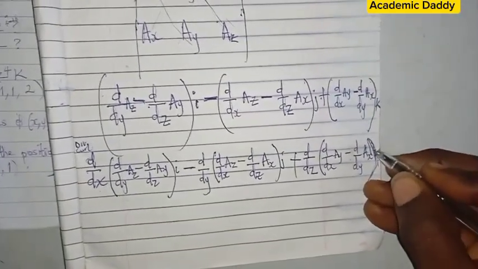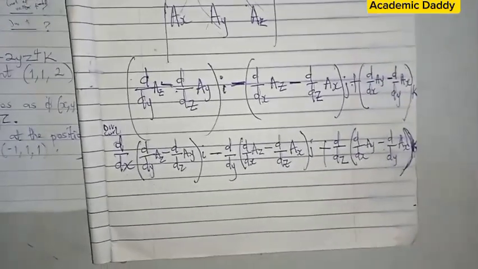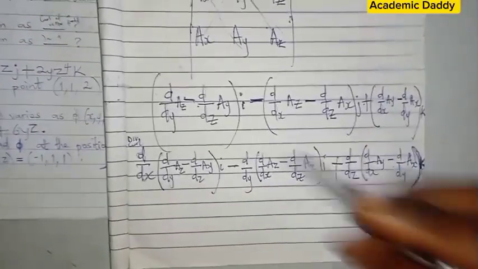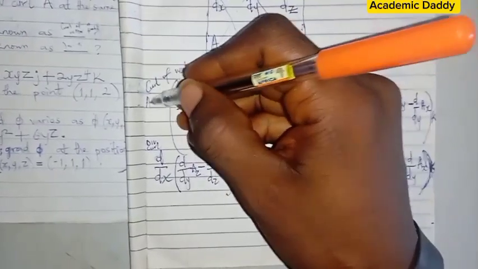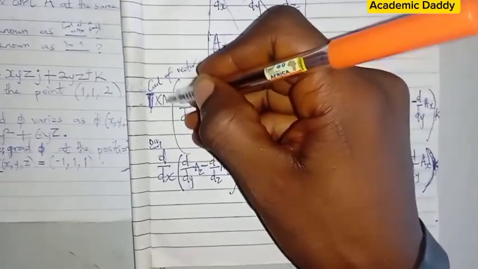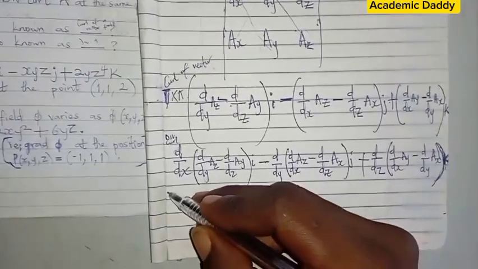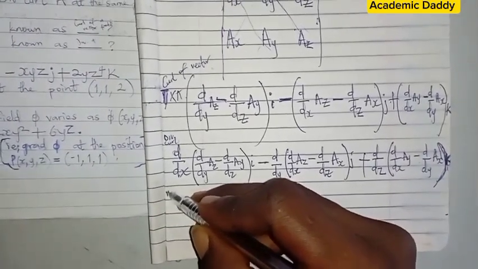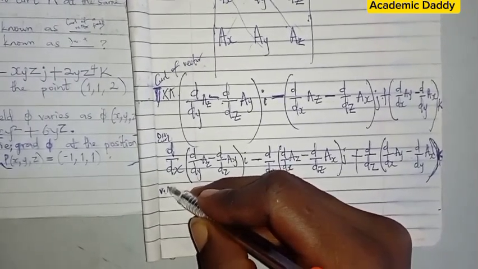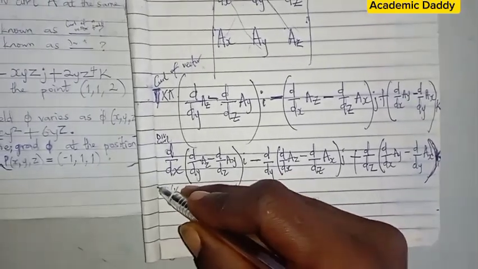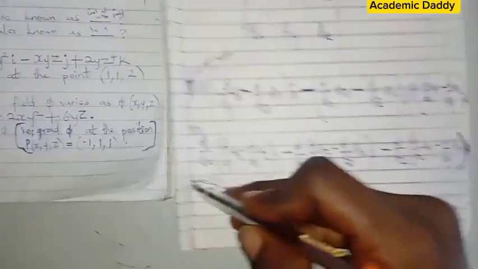Yes. So this is the curl of the vector, the curl of a vector field, or you say del cross A. Then this is the divergence of the curl, which is the same thing as saying del dot, then del cross A. So there's no use pushing this so you don't confuse yourself.